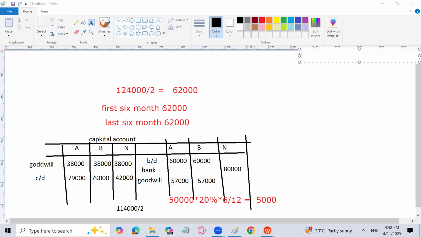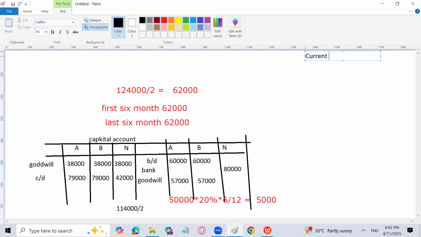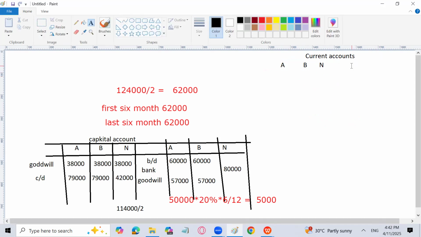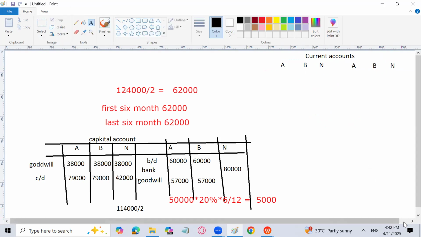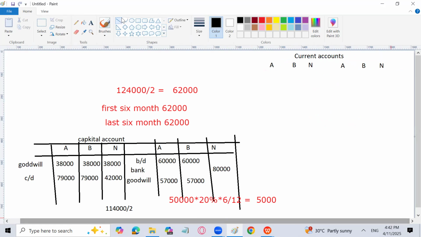So let me prepare the current accounts. Current accounts are here for A, B, and N. And I will write here also A, B, and N. Let's prepare the current accounts. I will go with the section first.